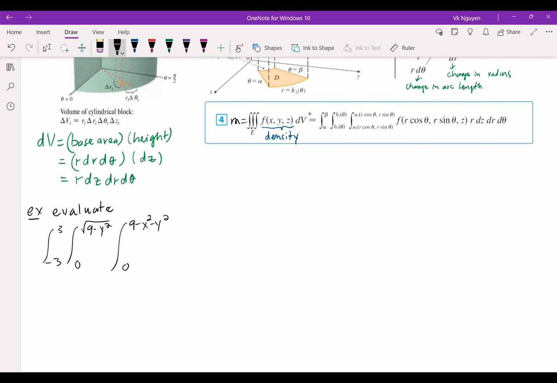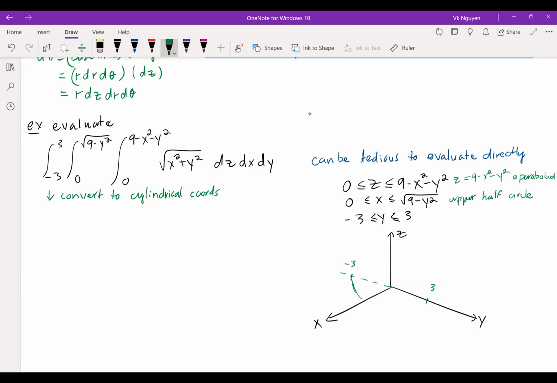This is not a full paraboloid because the value of y can only go from negative 3 to 3, and x can only go up to the upper half of the circle. The paraboloid can only go here, and here comes the number 9 somewhere right here.